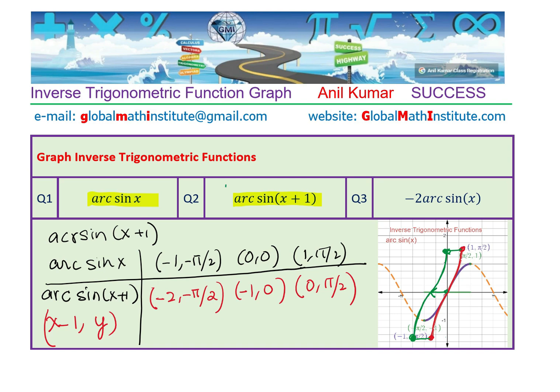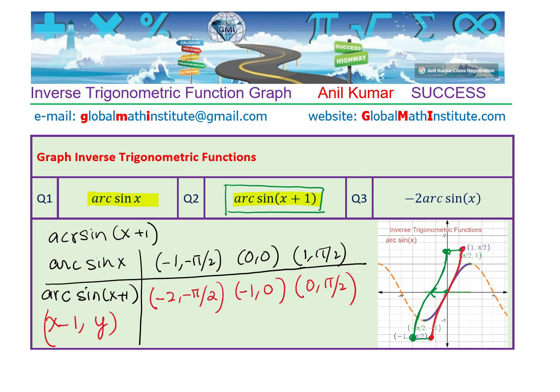For the function arc sine x plus 1. And the coordinate points are given to you. You can see that the domain shifts 1 unit left. Is that clear? So, getting the new points using the transformation is always a good idea.